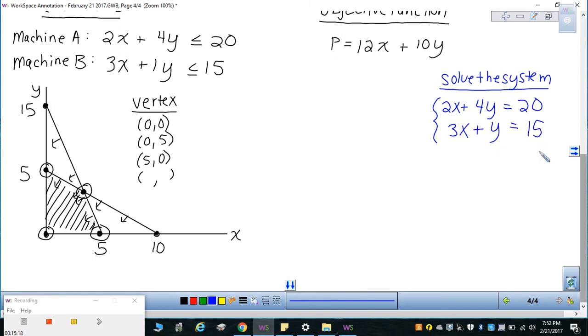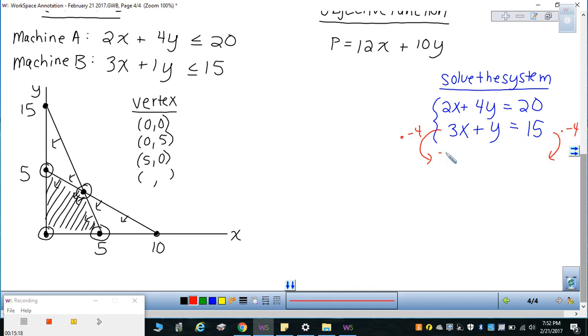All right, to solve the system, you could do substitution easily by solving for y in the bottom equation, or you could do the elimination method. I might just do elimination by multiplying everything in the second equation by -4. That way we could eliminate the y variable.